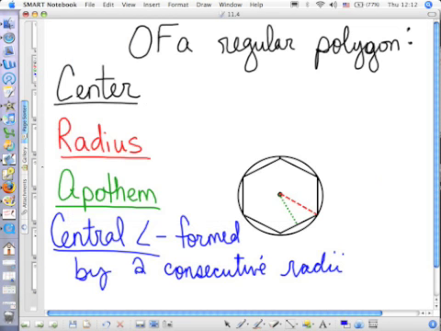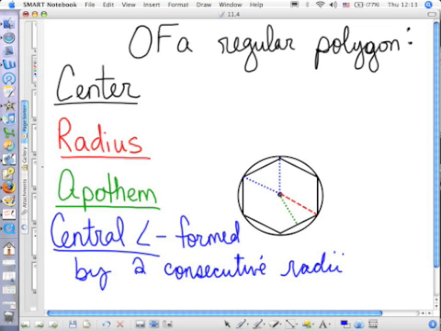This, for instance, would be a central angle of the polygon. Why do you think we call it a central angle? Because of the vertex. Because it's also a central angle of the circle. So the terminology is overlapping. The central angle of a polygon is the key to a lot of the questions that we're going to need to answer.